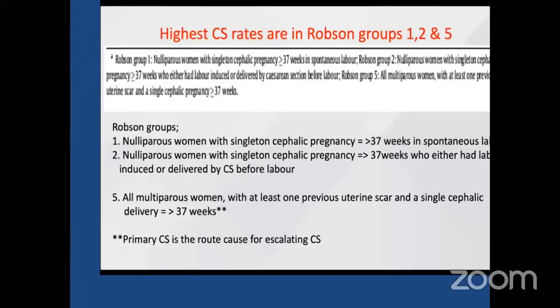That has been to some extent understood by all of us, and that is why we are not talking about them, although we may later on. But right now, what we are trying to see is these three groups where there is every chance that you could have a successful vaginal delivery.